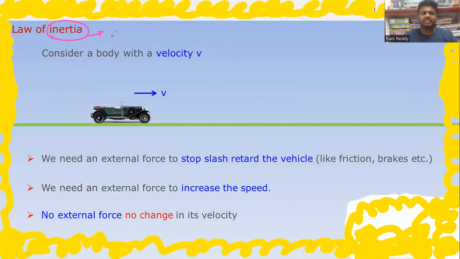It is the inability of the body to change its motion. That is our inertia. That is what we call the law of inertia.